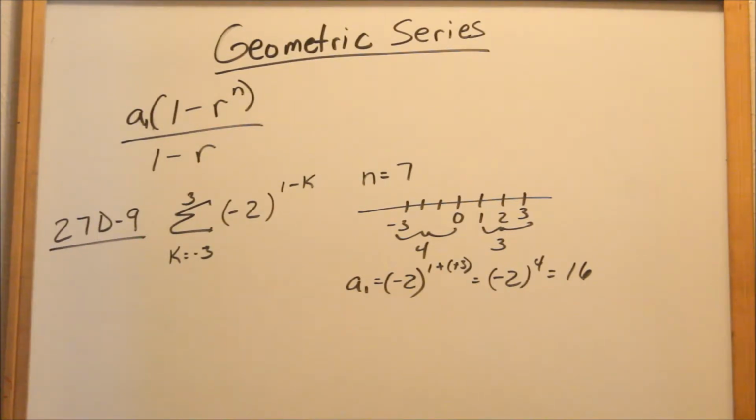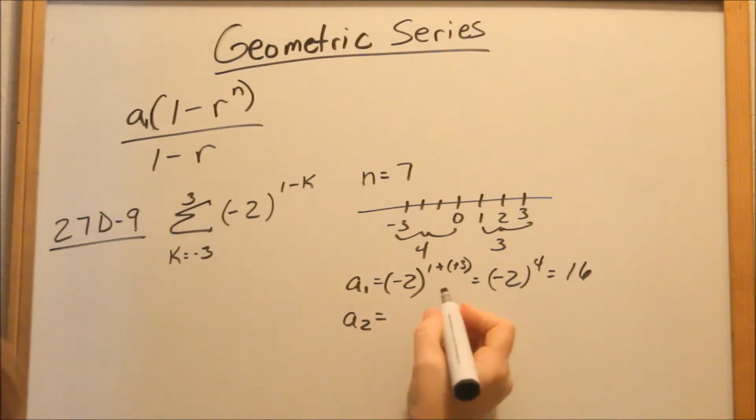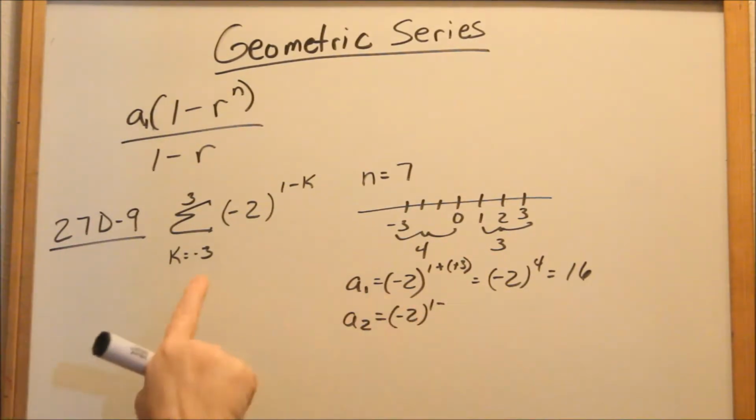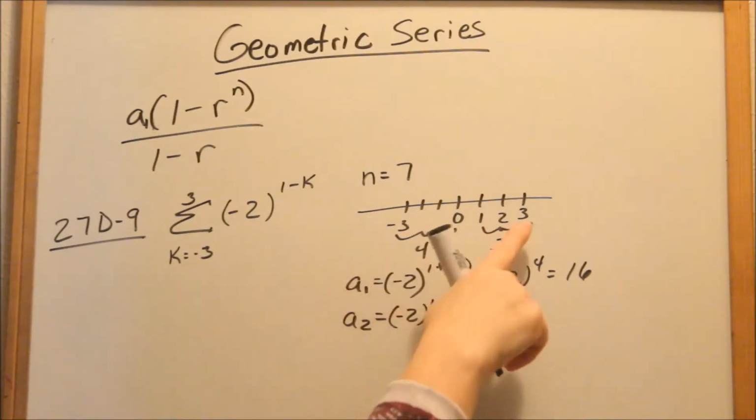Now we need to know the common ratio. How do you find the common ratio? You've got to know your second term as well, because your common ratio is a2 divided by a1. So we have to go through the same motions to find a2. So (-2) raised to the 1 minus, the next term after -3 would be -2. We're going from -3 all the way to +3.